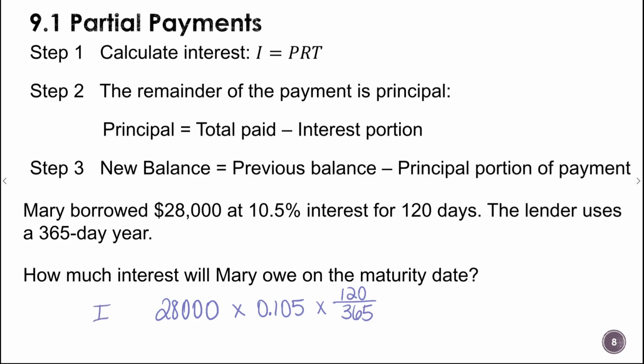All right, that's our interest, and that's equal to $966.58. So that's how much interest we would pay for a 120-day loan, which is about 4 months.